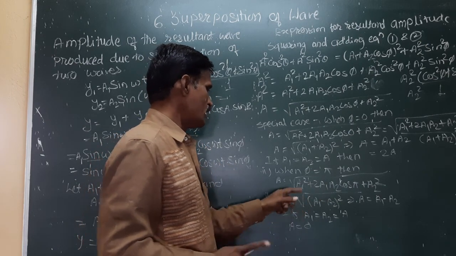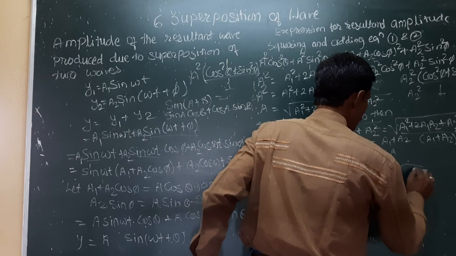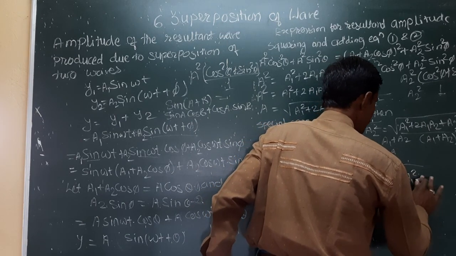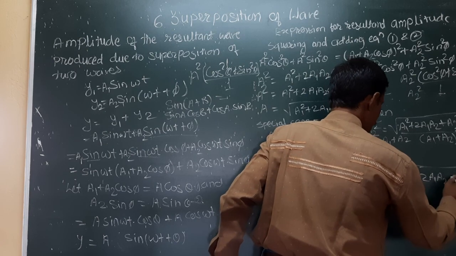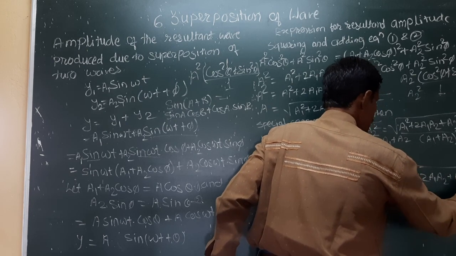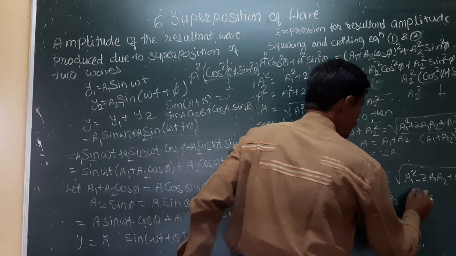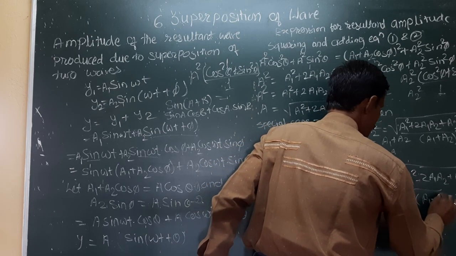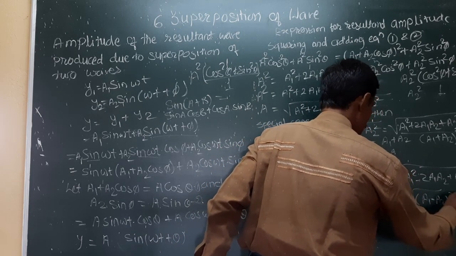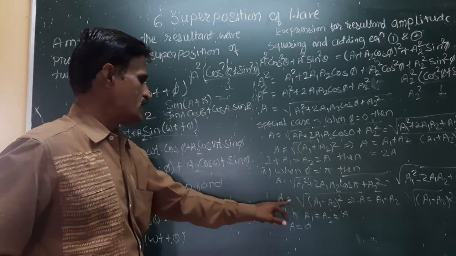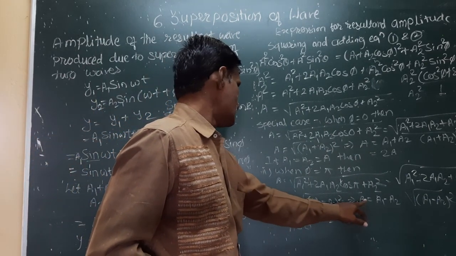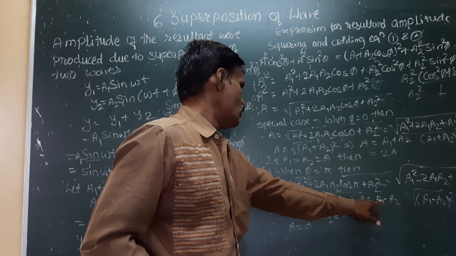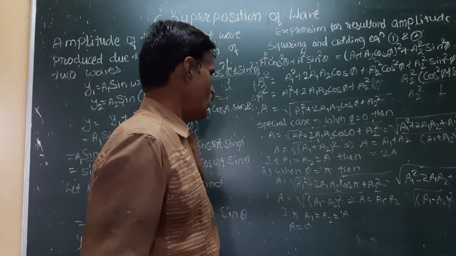So we get root of a1 square minus twice a1 a2 plus a2 square. This is nothing but the expansion of (a1 minus a2) whole square. So A is equal to root of (a1 minus a2) whole square, that is A is equal to a1 minus a2.